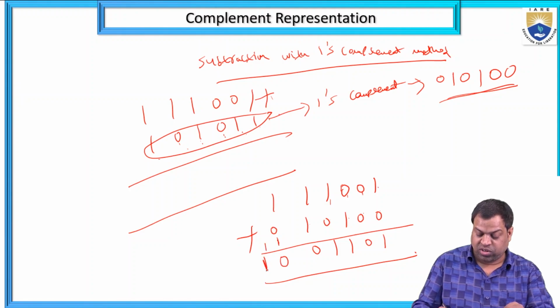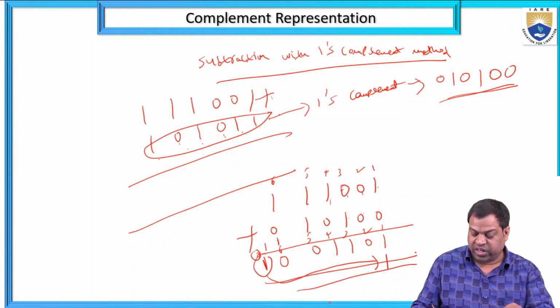So what is the carry now? Here we have 1001101. How many digits are there? 1, 2, 3, 4, 5, 6 digits here, and also 1, 2, 3, 4, 5, 6. What is the seventh value? The carry. This carry we are adding to the LSB.